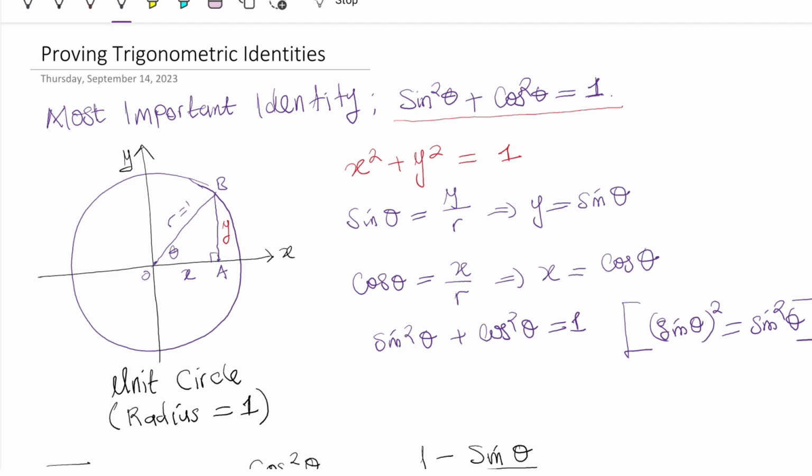Because addition is commutative, it doesn't matter the order of addition, whether I start with cosine or I start with sine. So this is how we prove this identity, and it is very fundamental in our lesson today.